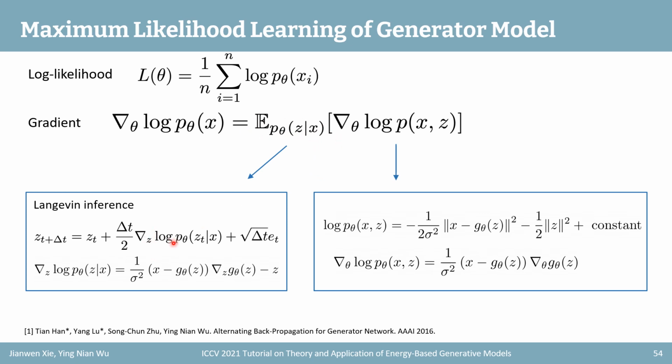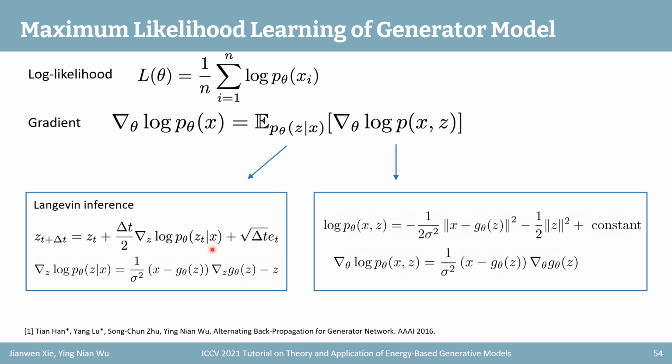The gradient of this log posterior with respect to z is actually the same as the gradient of the log of the joint density with respect to z, because they only differ by log p_theta(x), which has nothing to do with z. Okay, so this is the form for the log of the joint density.